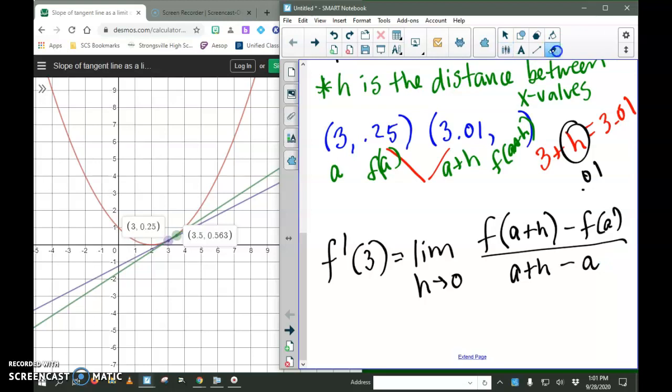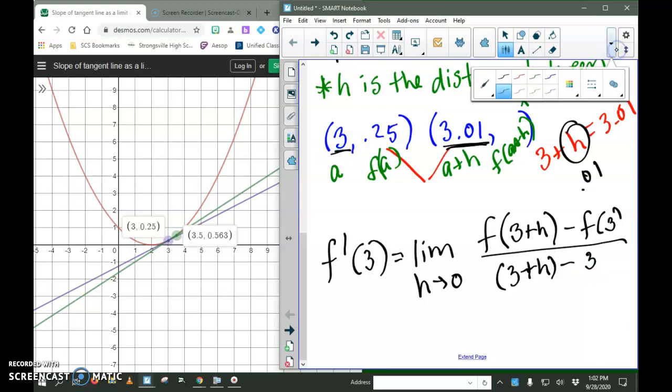And remember, in this particular case, we're using 3's, so we can go ahead and put some 3's in there. f of 3 plus h minus f of 3, all divided by 3 plus h, right? This is that second input here. 3 plus the distance between 3 and the 3.01 minus 3. That's this guy right here, okay?